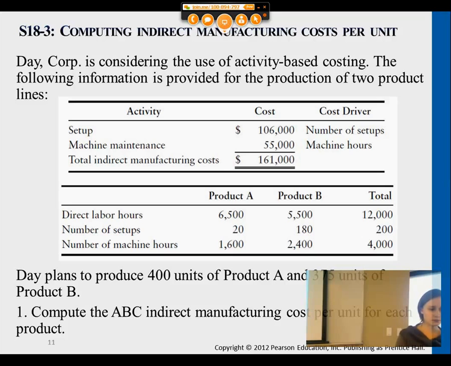So next, you have step 2, step 3, step 4. You know the number of units, right? You know the cost.